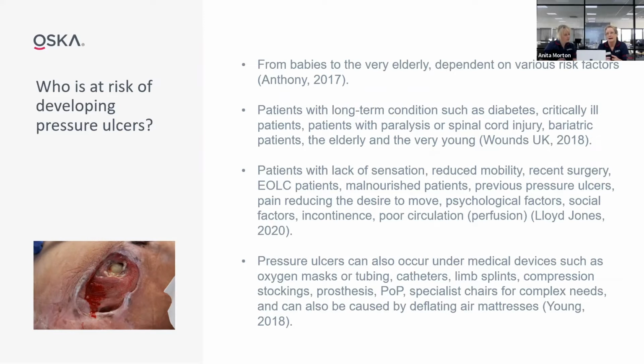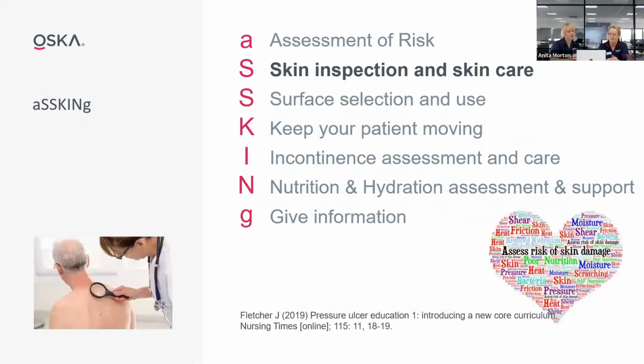So things like catheters, tubing, oxygen masks, splints, plaster of Paris, even compression stockings, or even TED stockings when they come out of hospital if they've had surgery. We need to be recognizing that anything that we put against the patient's skin that could become compressed has the potential to cause pressure damage.